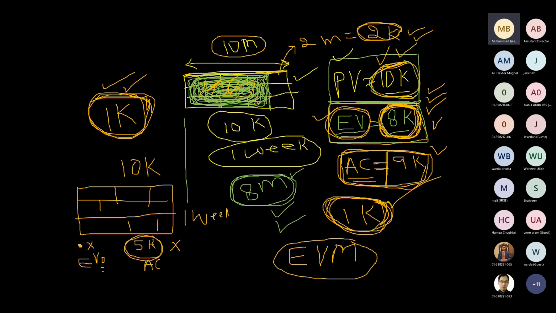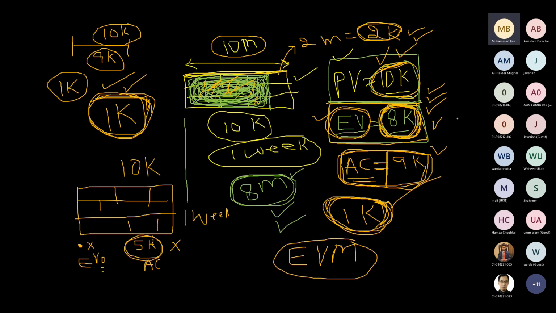But look, if I don't take into account the earned value and I just say that for the first week I had kept 10,000 but actually I have used 9,000, I would be very happy that I saved 1,000, isn't it?